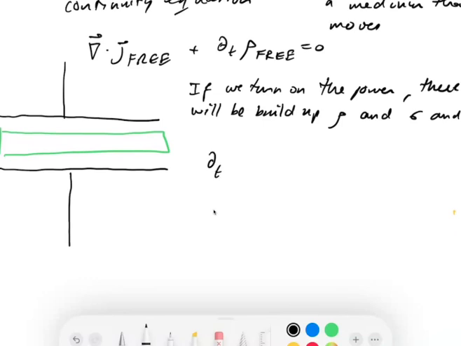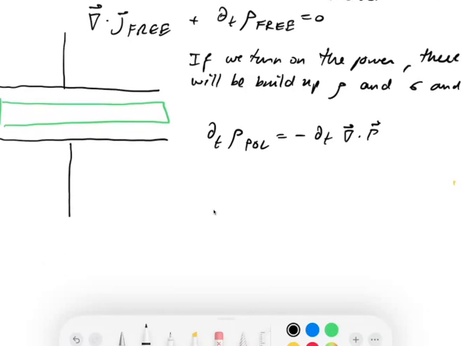We say that the d/dt of the rho polarization should be negative the del t of the divergence of P. That's by definition, of course. So therefore, we can write del t for the rho polarization plus the divergence, and we're swapping the derivative, of del P del t is 0.